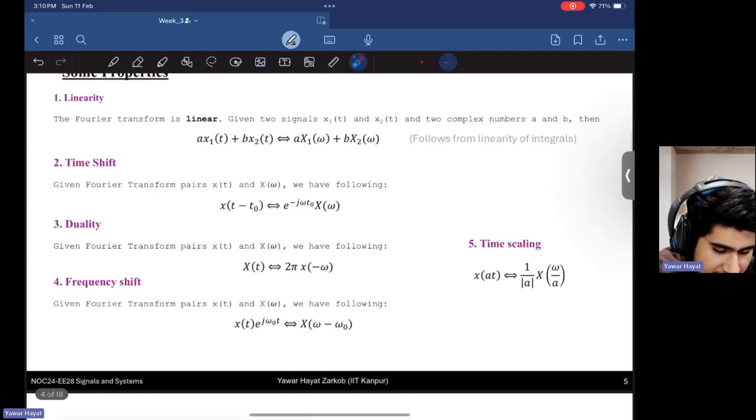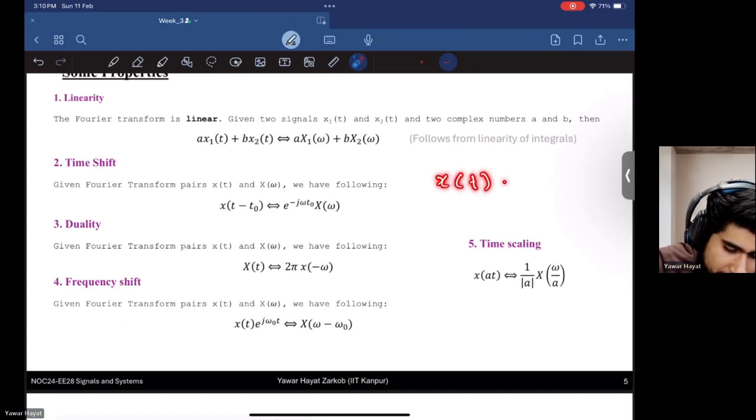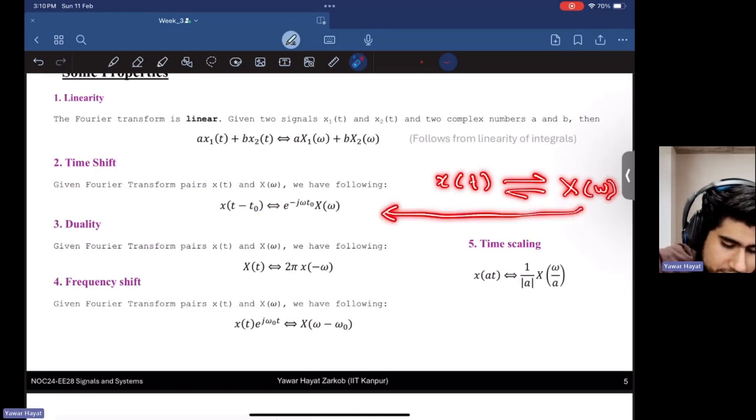Okay. And the second one is this time shift. If we have this Fourier transform pair x of t and X of omega, then the following holds good.